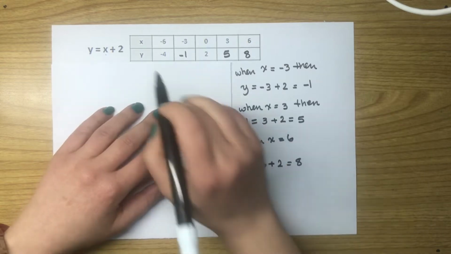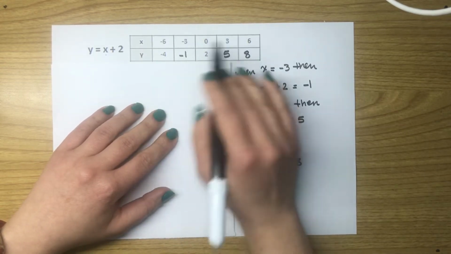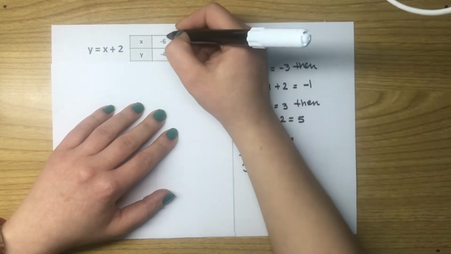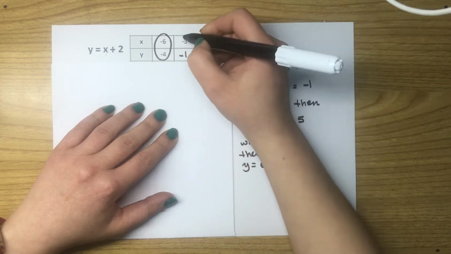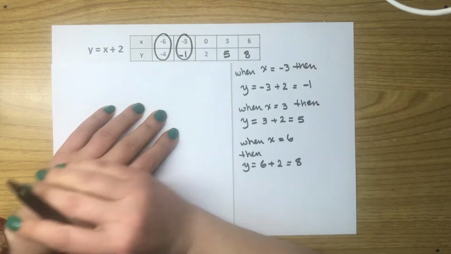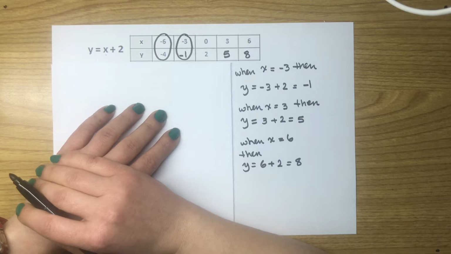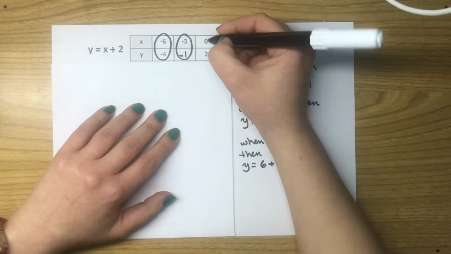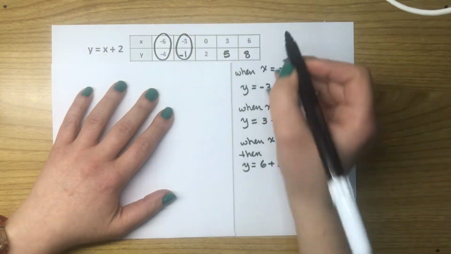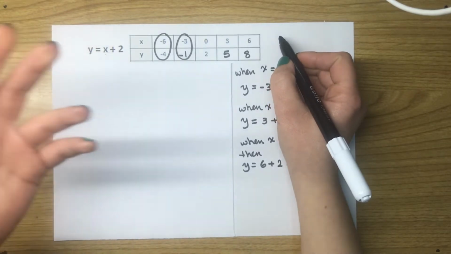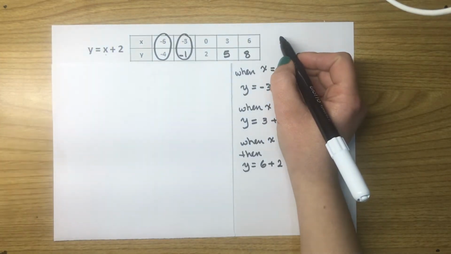Okay guys, using these x values and the y values, each one of these is making a pair of coordinates. So remember the way that we write down the coordinates of a point on the xy axis.